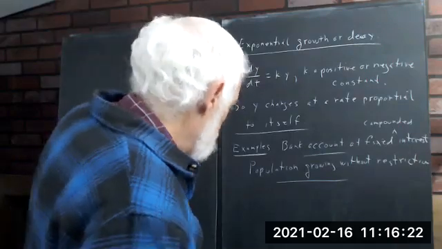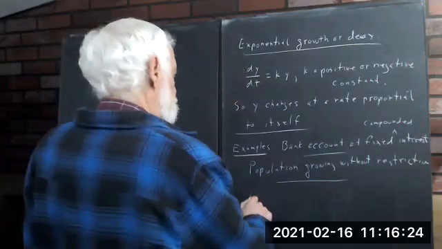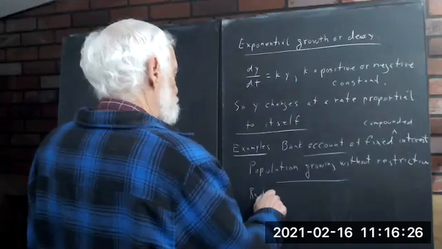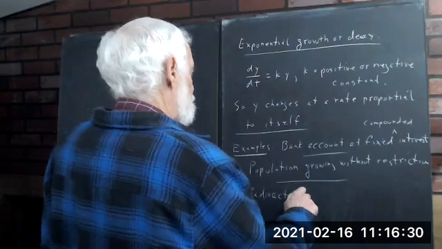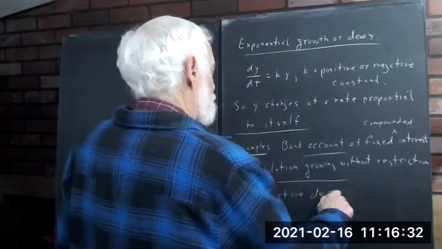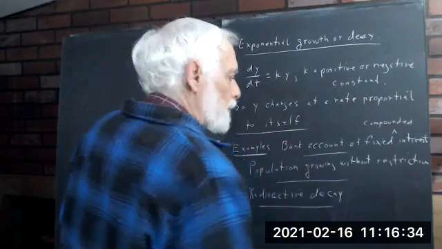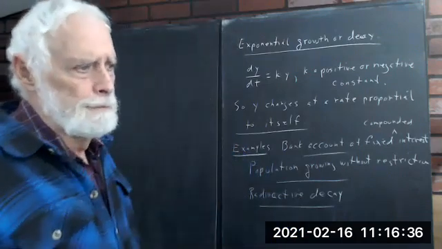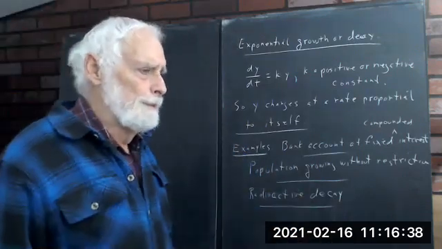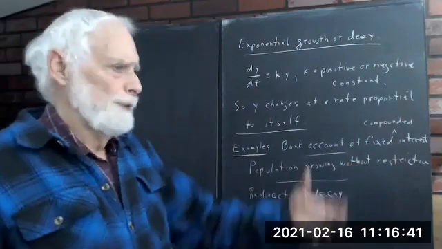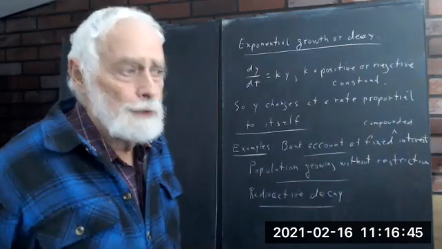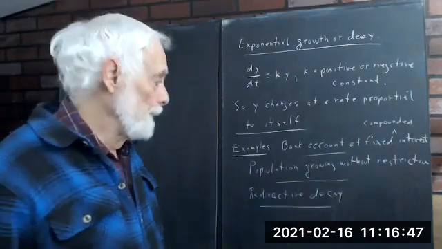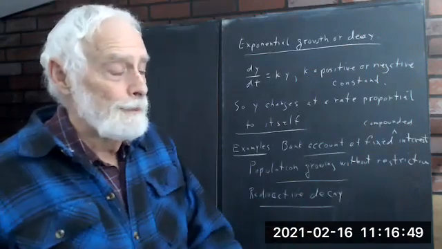Let's see, another example. Radioactive decay. You start with a radioactive element. After, say, years, some of it's decayed, so that if you measure the activity with a Geiger counter or something, there's going to be less of it there.